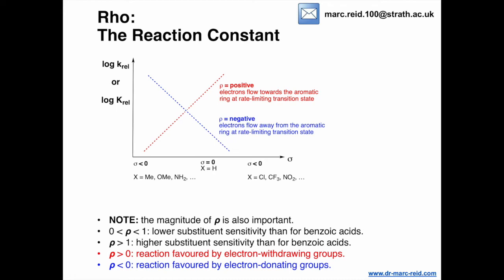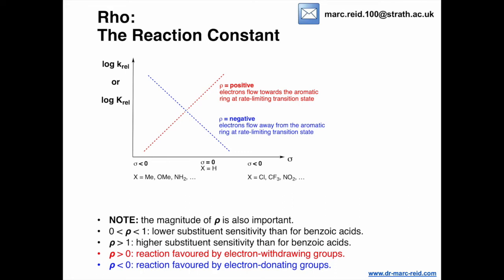On the y-axis, we have a logarithmic scale denoting the ratio of rate constants or equilibrium constants relative to the reference reaction, usually where X equals H. Turning to the notes at the bottom of the slide, we see 5 points to take away.